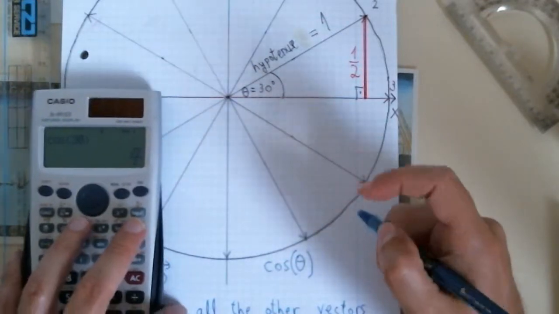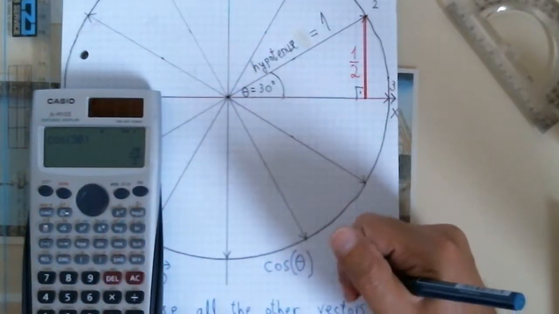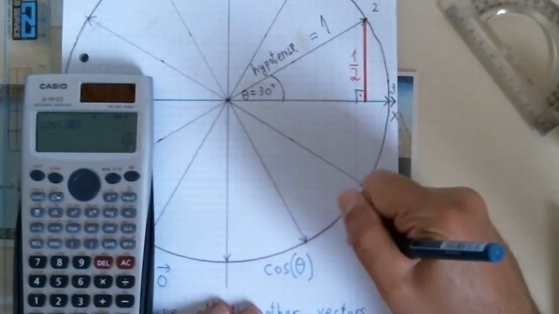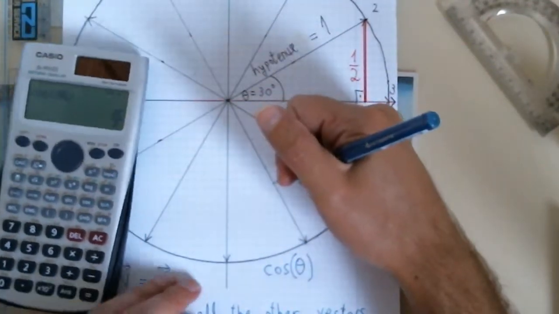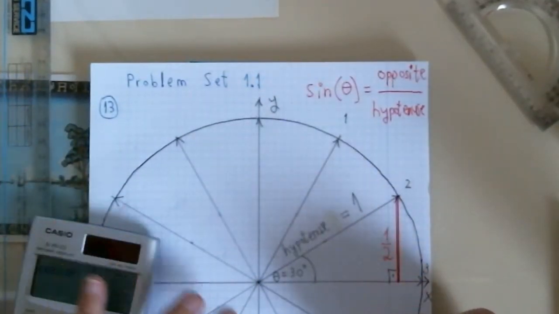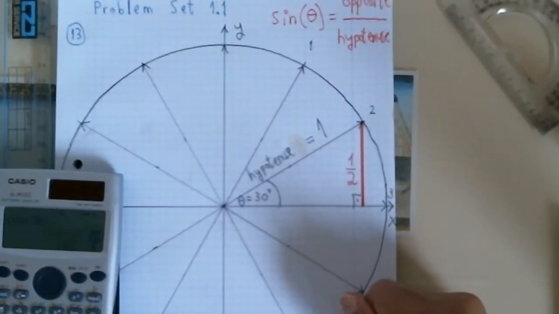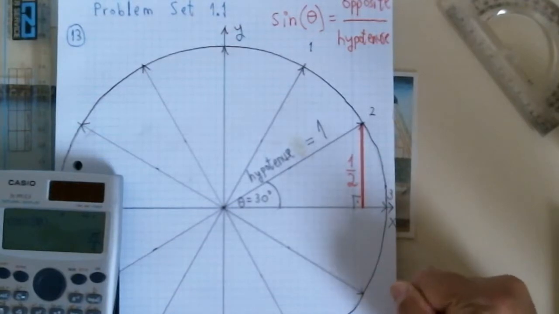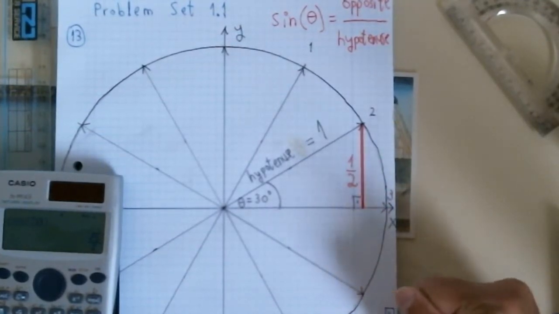So if cosine theta is, in our case, I'm writing it here, cosine of 30 degrees equals the root of 3 divided by 2.